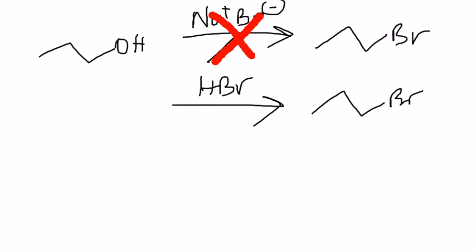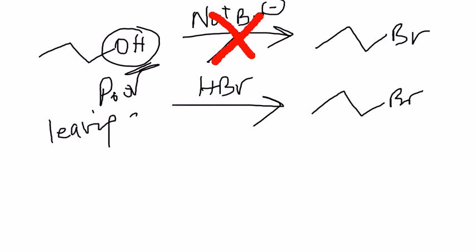Any ideas? Well, realize that in the first case, you would be saying that OH is the leaving group, because Br negative is going to be your nucleophile, and you know that OH is a poor leaving group, because the conjugate acid of that is a weak acid.